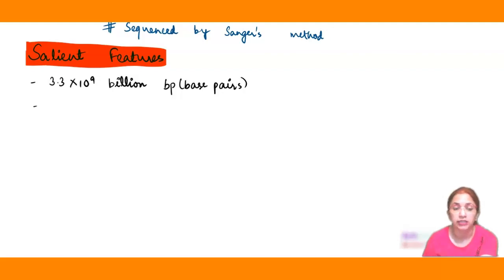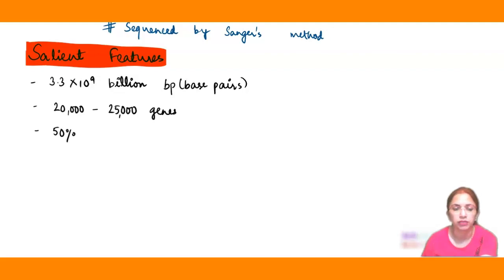Okay, and it was estimated that a human being consists of somewhere around 20,000 to 25,000 genes. Every point which we'll be writing in the salient features is important, like how many base pairs they found, and what the total number of genes was.